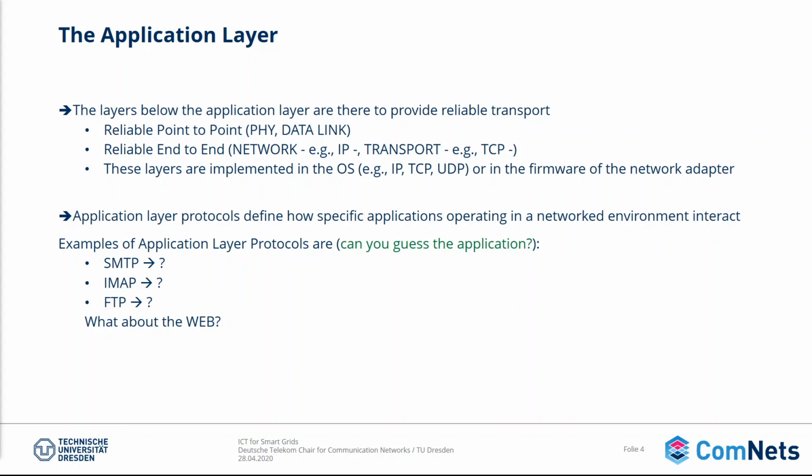FTP has been used usually in peer-to-peer data transfers, where the information is transferred from the server to the client. So the client requests a connection, it gets established, and then the client requests a certain piece of information, and then the server responds with this information.